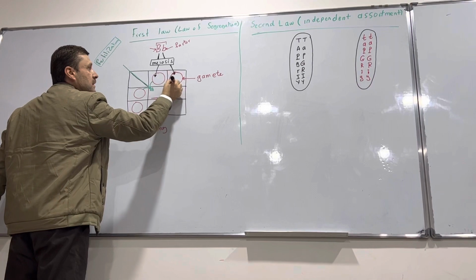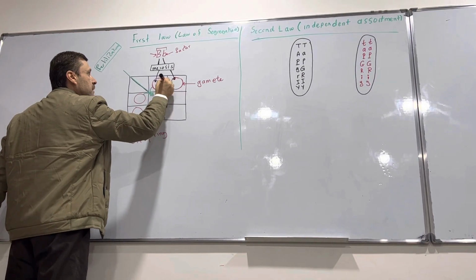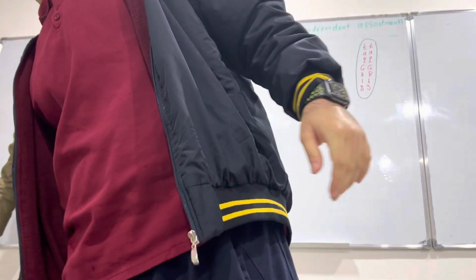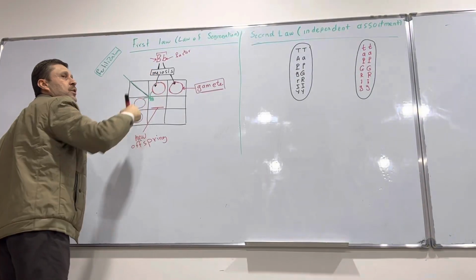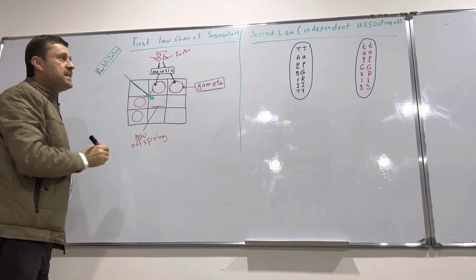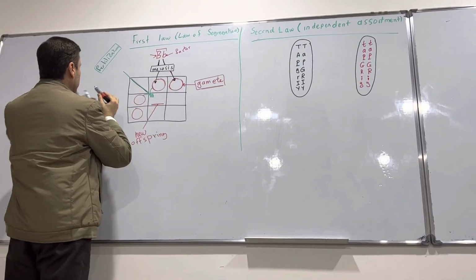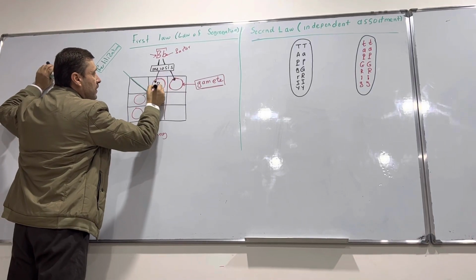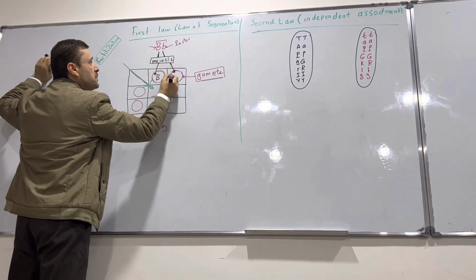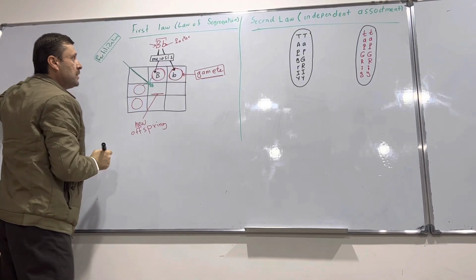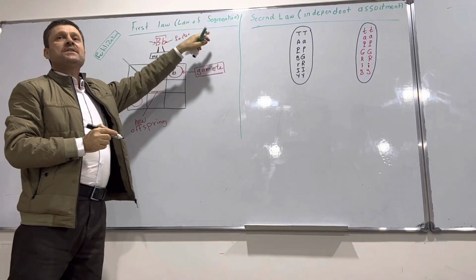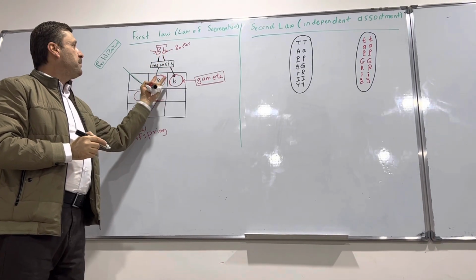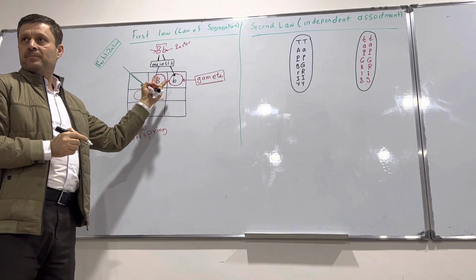What does a pair of factors do during meiosis or during gamete production? They separate. One of them, the capital, is transmitted to this gamete, and the other one is transmitted to another gamete. So the first law states that a pair of factors separate during gamete production.